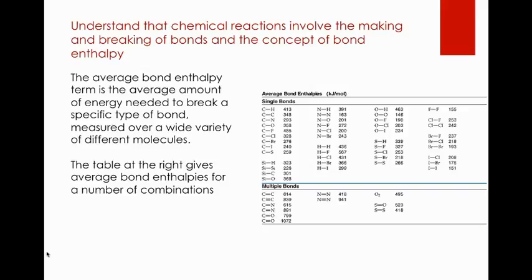A carbon-carbon single bond is 348 kilojoules per mole. A carbon-carbon double bond is 614 kilojoules per mole. Note that these are averages and done over a wide range of different types of molecules.